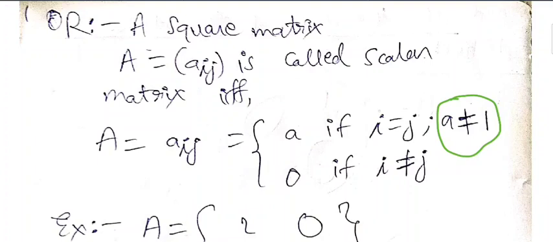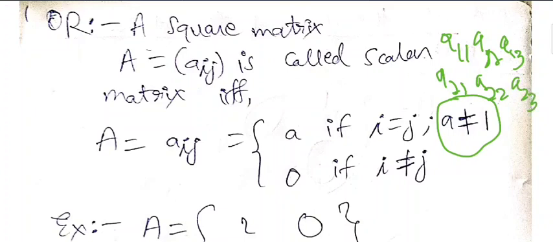When will it be called a scalar matrix? You can clearly see a11, a12, a13, then a21, a22, a23, then finally a31, a32, a33.